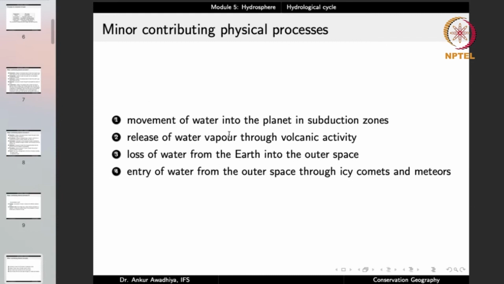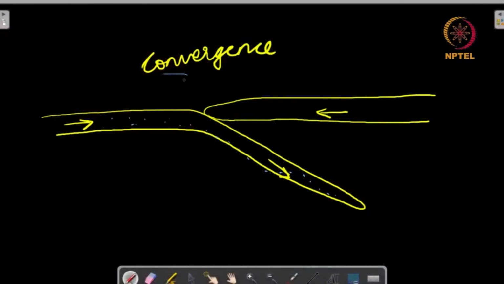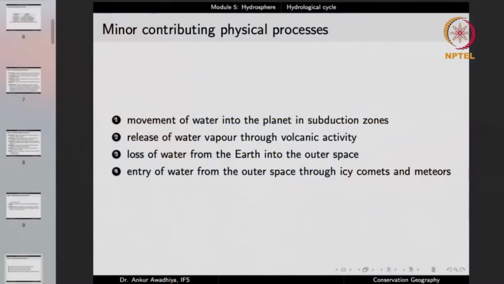Or another process is the release of water vapor through volcanic activity. And we had observed here that in most of the cases, we find volcanoes in this region which spew out this water in the form of water vapor. So this is another activity that is happening. Then we have loss of water from the earth into the outer space.